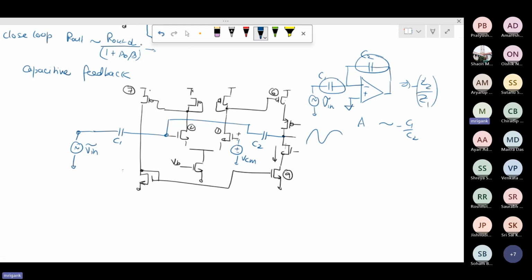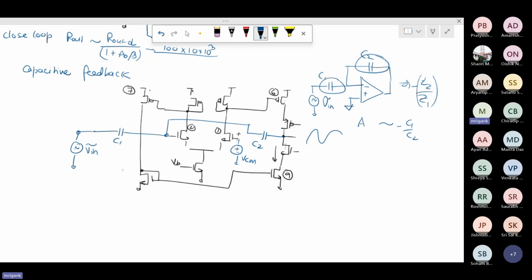For example, in this case, the R out without buffering is gm RO whole squared. So gm RO means around 100 times, maybe 50, 60 kilo ohm. So 100 times gm RO times RO, where RO may be, suppose, 10K or 50K, maybe slightly higher.